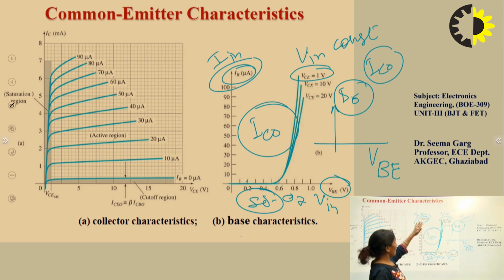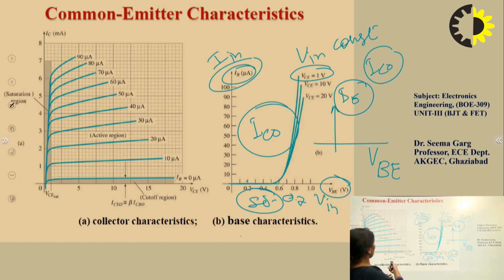But here the input current is IB, so the effect of ICO on IB will be more than its effect on IE, and that is why there are some changes in the curve. But again, this change is quite negligible. So there is not much effect due to the reverse bias voltage in the input characteristics of the common emitter configuration.